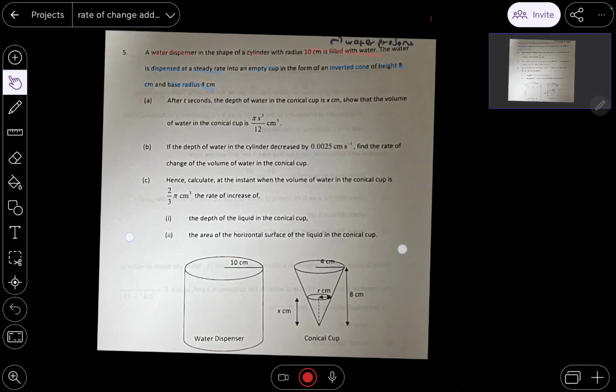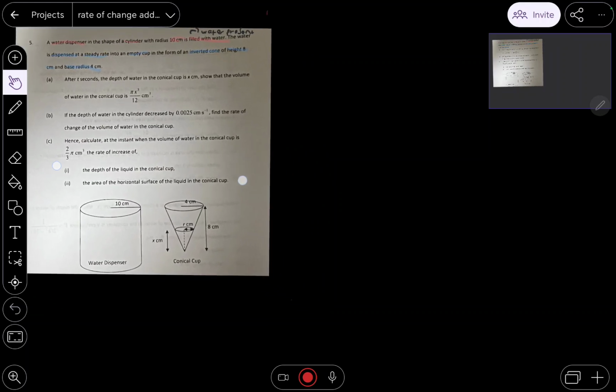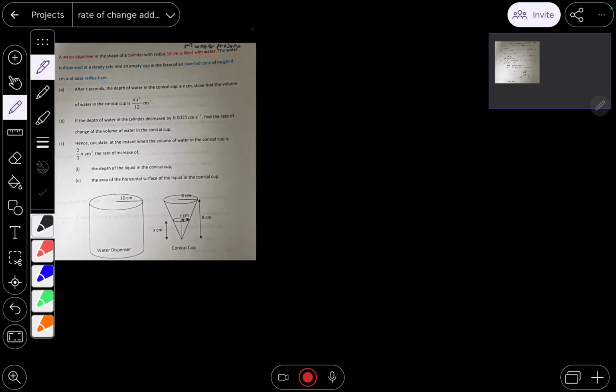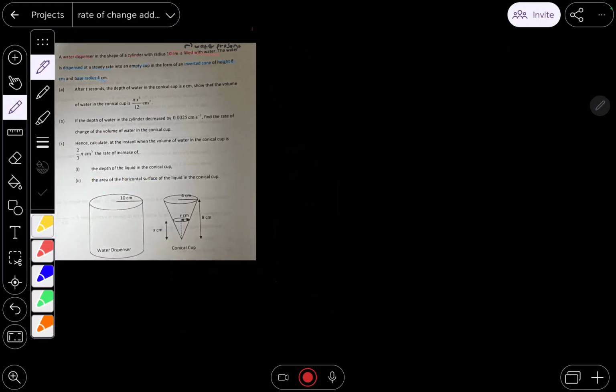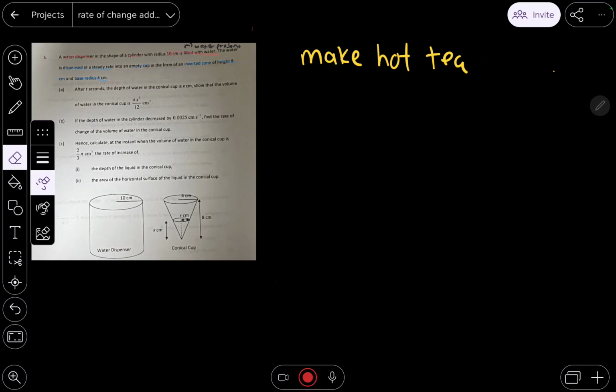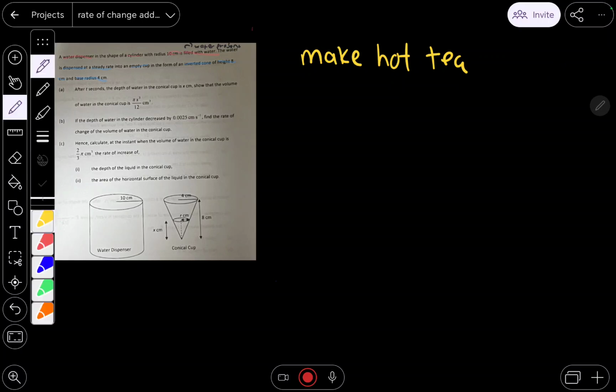Before I go into part A, I want to give you guys this real life analogy. Making hot tea. Let's say I want to make some green tea.